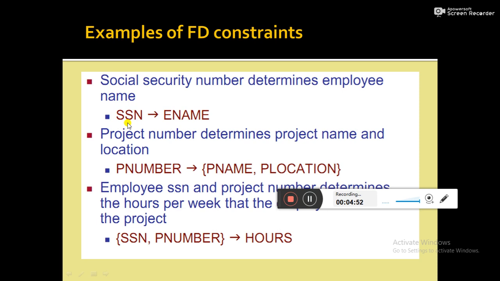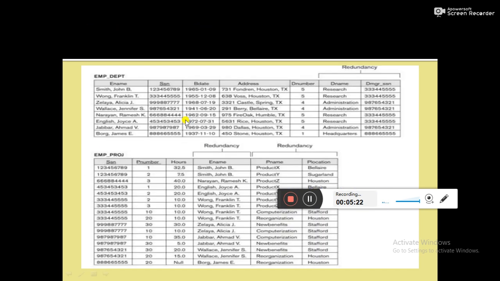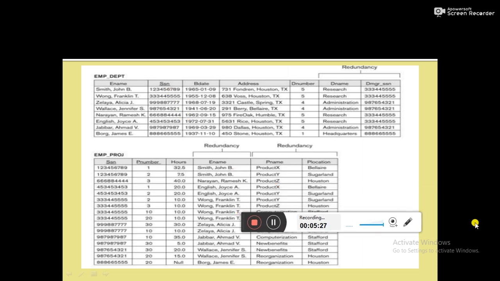Now, based on the previous relation which we have seen in the previous slide, we can write SSN arrow ename, which means ename is functionally dependent on SSN. We can write this when for a particular value of SSN there is a unique value of ename.